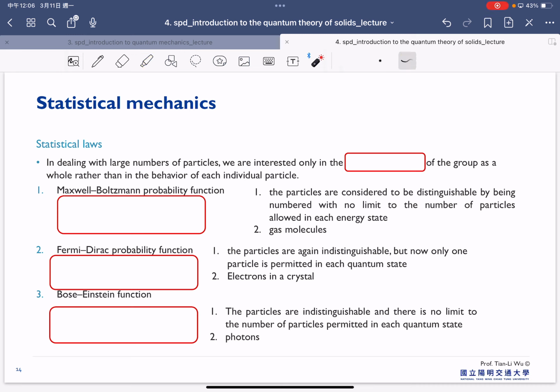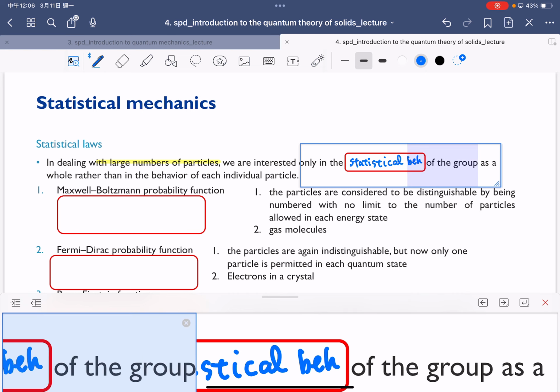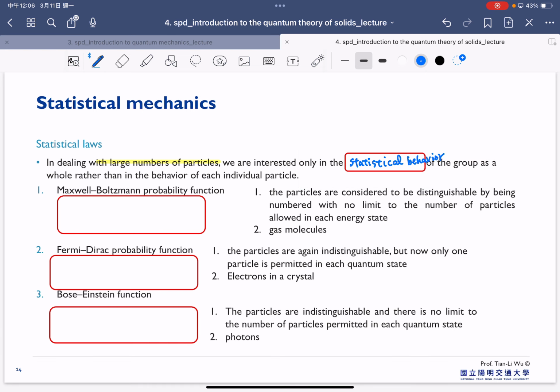So in dealing with a large number of particles, we are interested only in the statistical behavior of the group as a whole, rather than the behavior of each individual particle. So that's a key thing. We are interested in the whole group's behavior, and that's why we need statistics. We're not interested in the individual one.